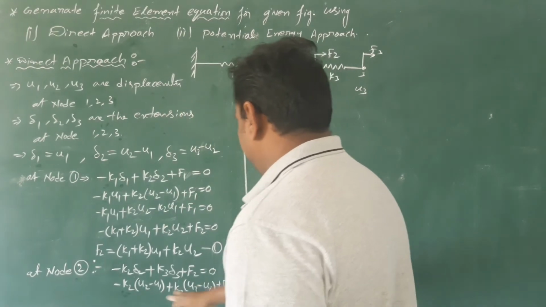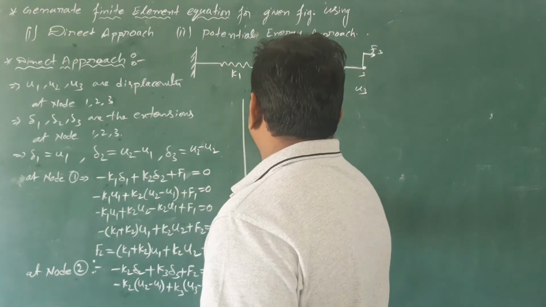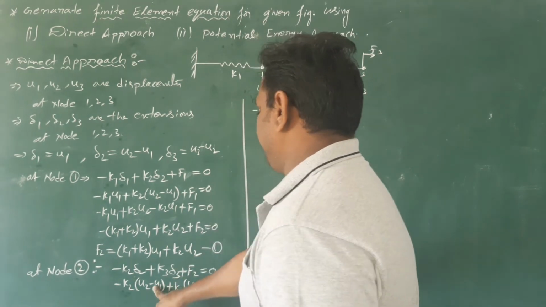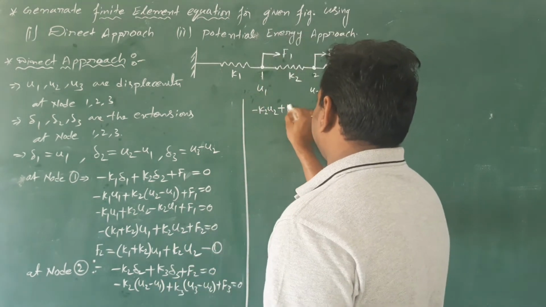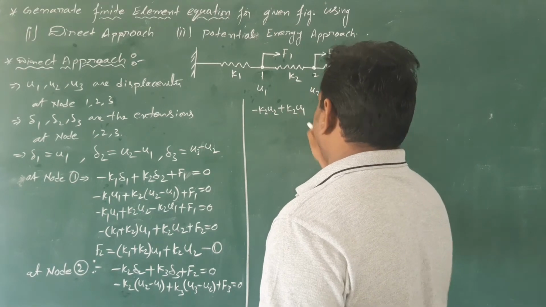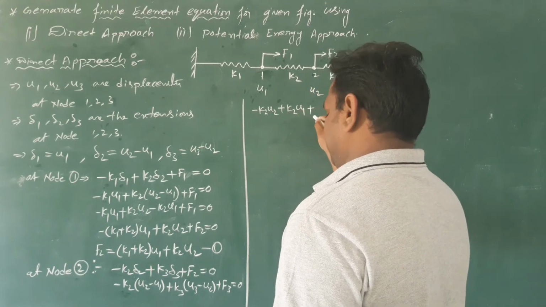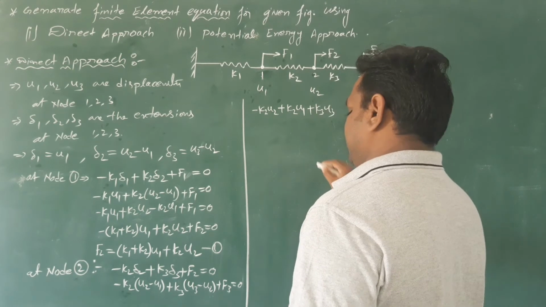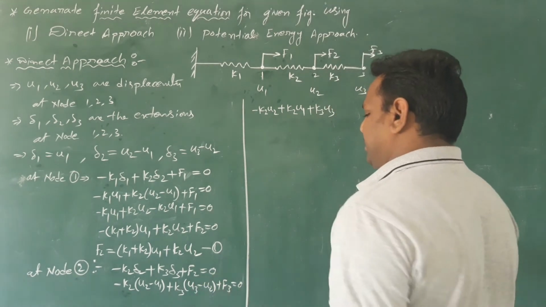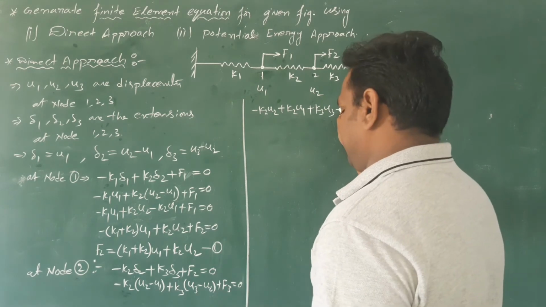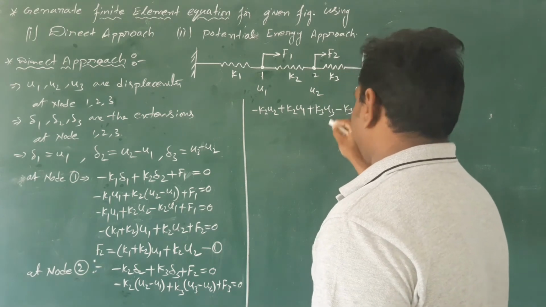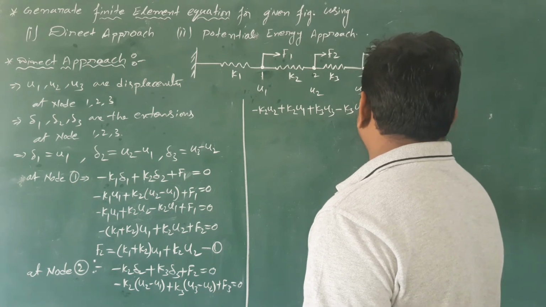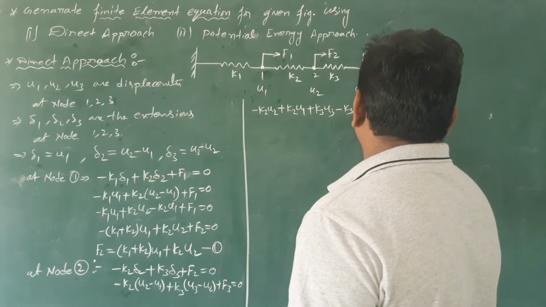Simplify: minus K2 U2 plus K2 U1 plus K3 U3 minus K3 U2 plus F3 is equal to 0.